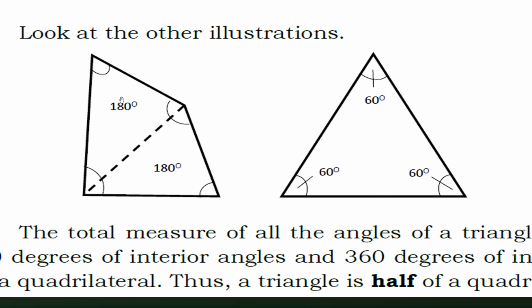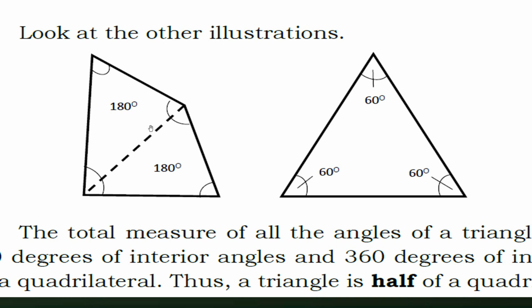And for a quadrilateral, as you can see here, it has an interior angle sum of 360, which tells us that the interior angle sum of a quadrilateral is 2 times the interior angles of the triangle.